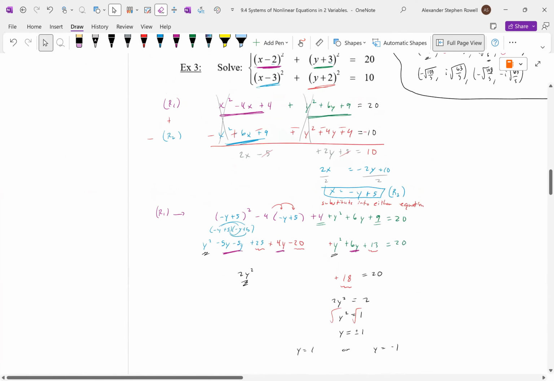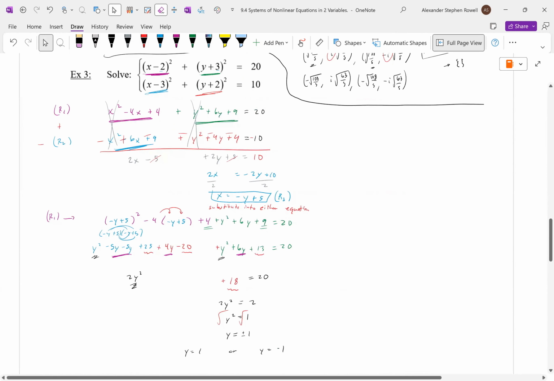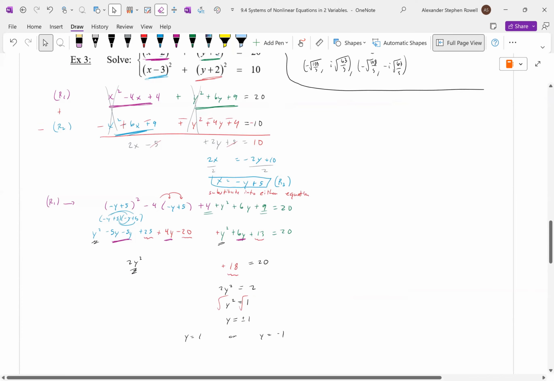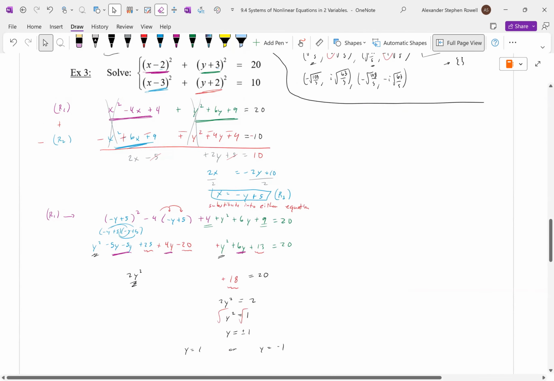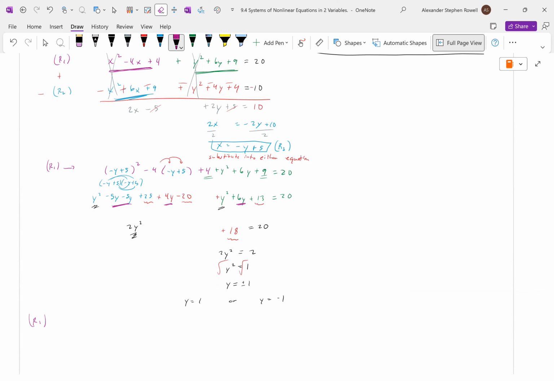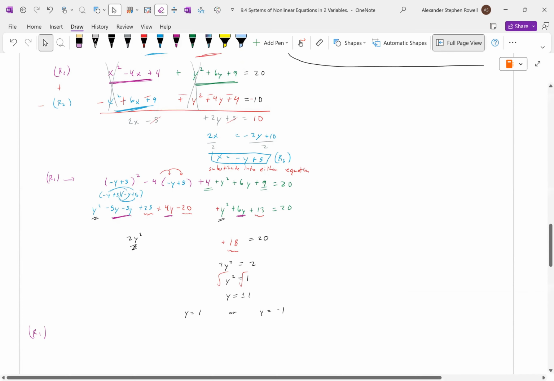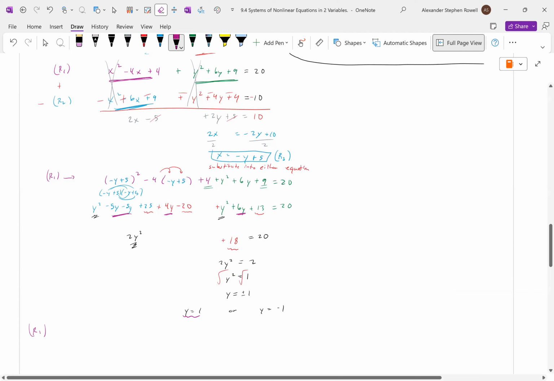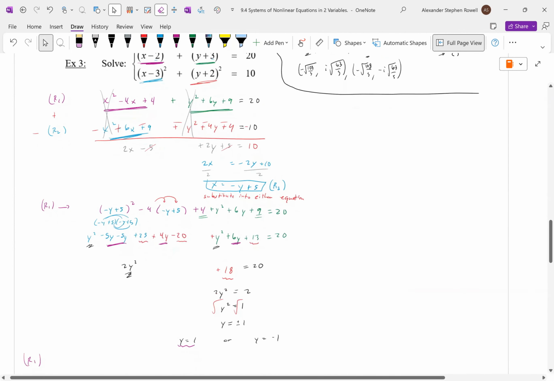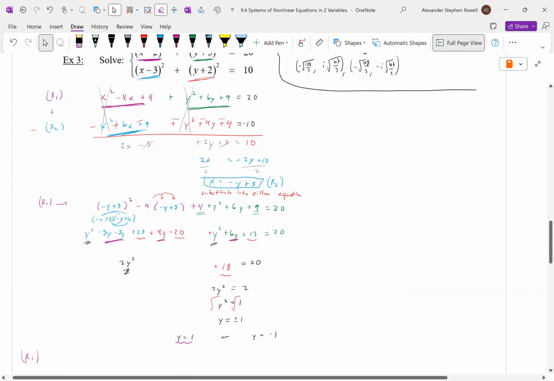Okay, I should probably plug these into either of those first equations. So I'm going to plug into the first equation again. So the expanded form of the first equation, the reason why I'm plugging into the first equation is because this plugged into an x squared equation will likely have 2 other solutions.